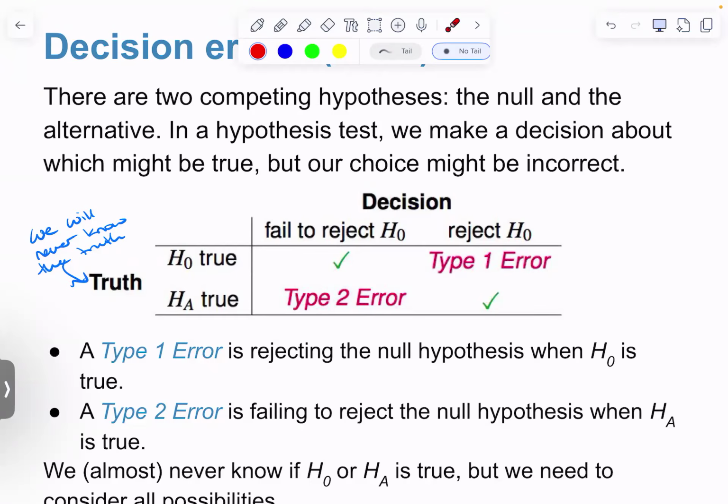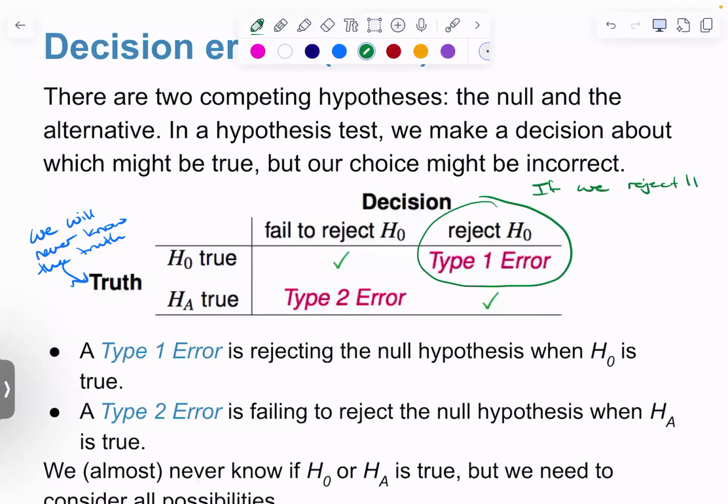And so what I want to clarify here is if we reject H naught, there's always a chance that we're making a type 1 error, right? A type 1 error, if I rejected H naught, would be that I've rejected H naught when I shouldn't have.